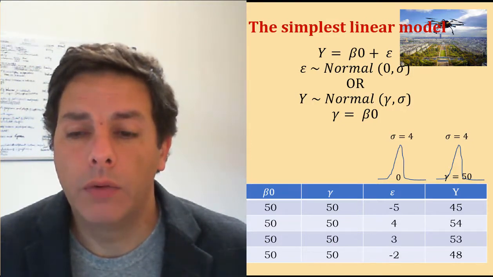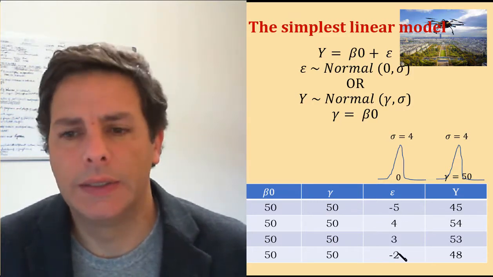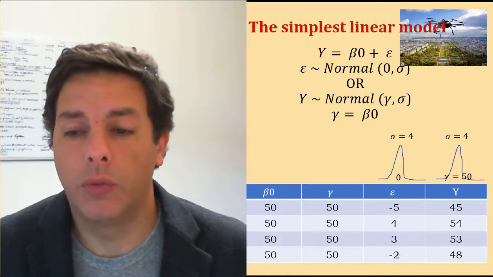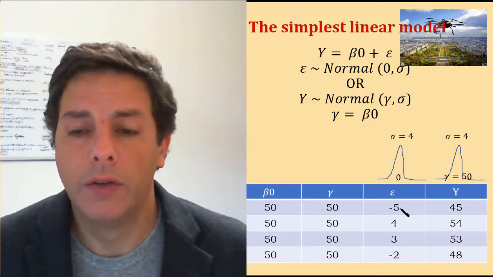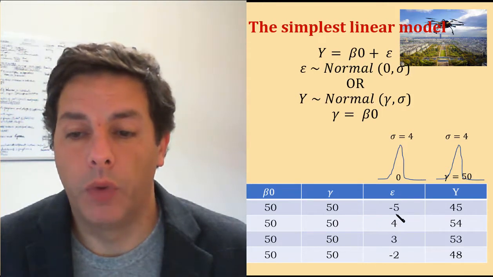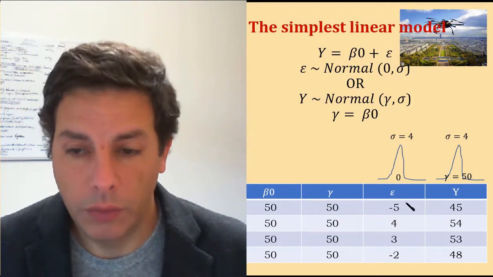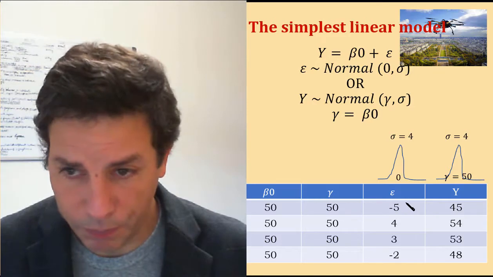So now, where does this epsilon come from? It's not in the data. We didn't observe it. We only observed the variable y. So how is this calculated?